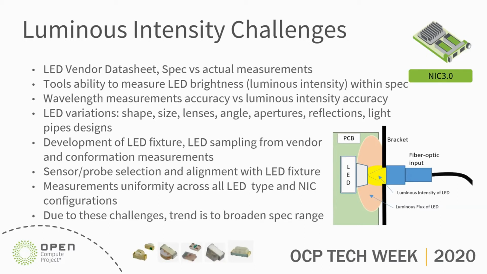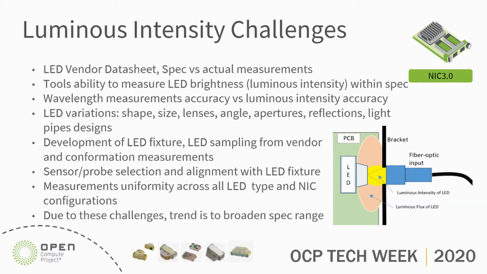Wavelength was easily measured by modern tools like a spectrum analyzer, but luminous intensity became difficult to measure because all measurements become relative, and tests showed that even a spectrum analyzer was unable to measure LEDs which are dim or LEDs with light pipes in front of them.